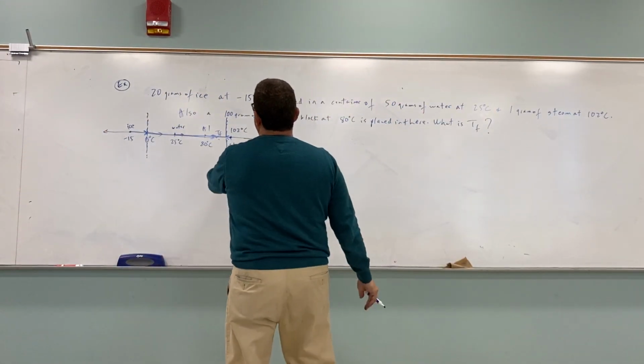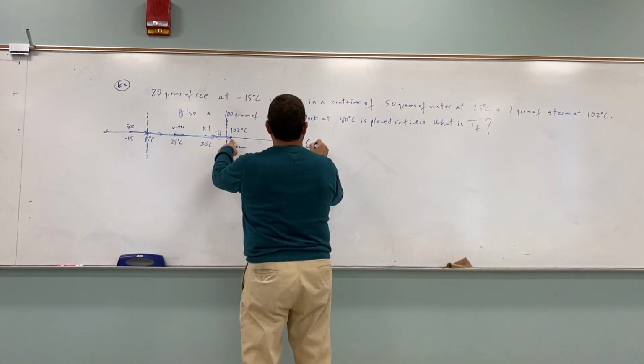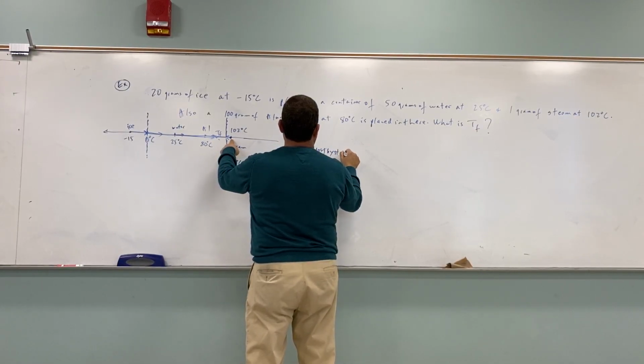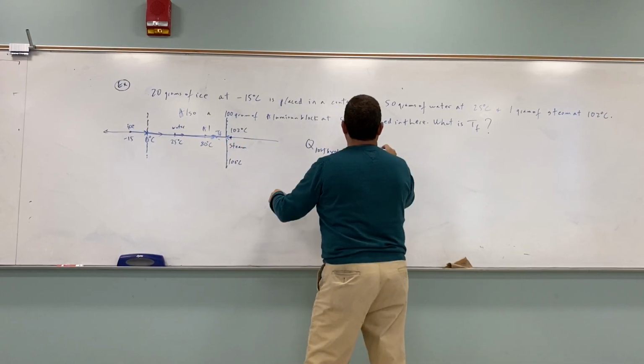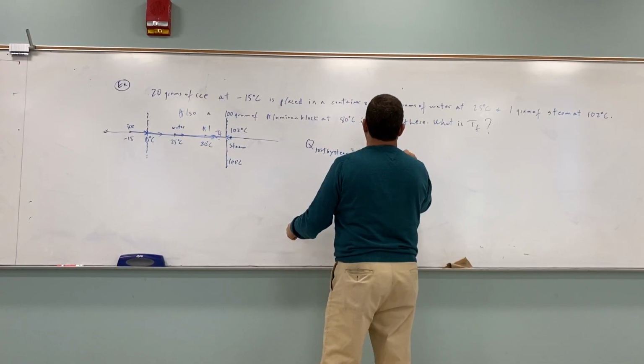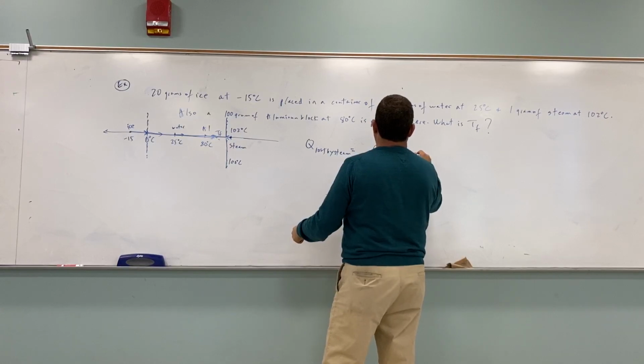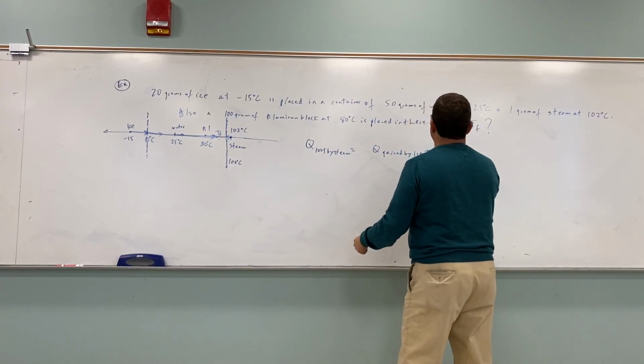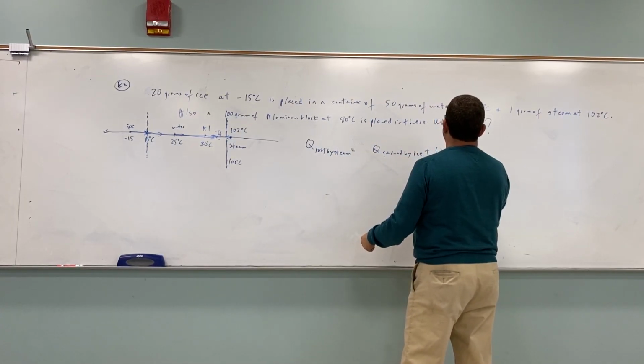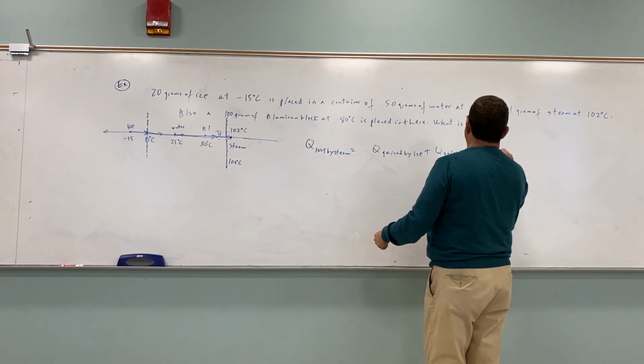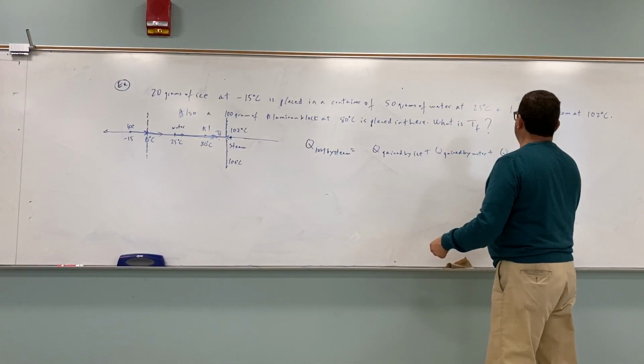I think the only thing cooling is the steam, so the heat lost by steam equals heat gained by ice plus heat gained by water plus heat gained by aluminum.